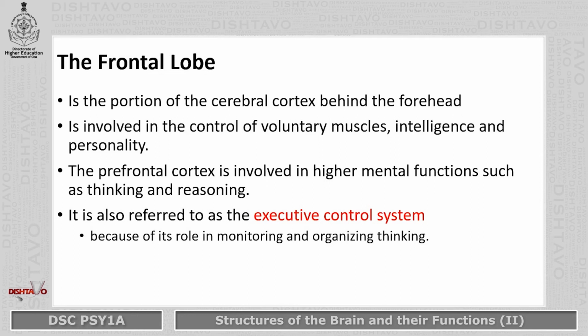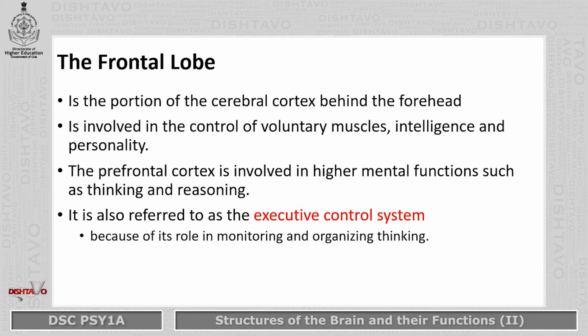Now, the prefrontal cortex is involved in higher mental functions such as thinking and reasoning. The prefrontal cortex is a very important area of the frontal cortex, and it's involved in higher mental functions. Where is it located? Just behind the forehead. Ever got you thinking why we think like this?